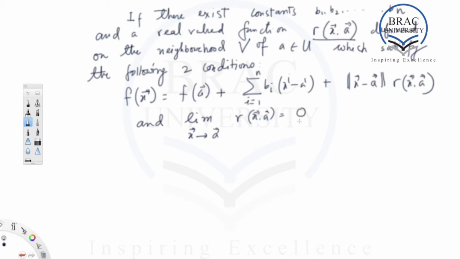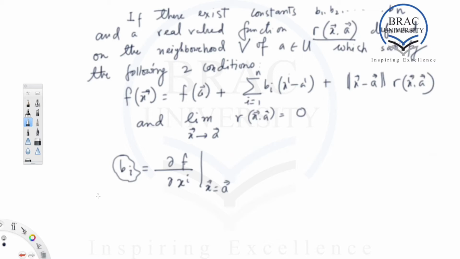So these are the two conditions. I'm not going into the detail, but these n constants bi are uniquely determined and are basically the partial derivatives of f with respect to the xi's, evaluated at the point a.